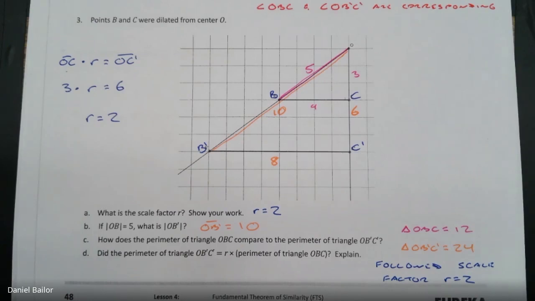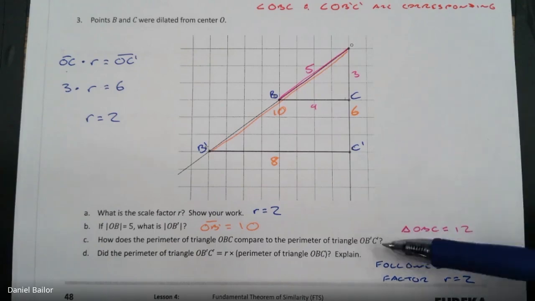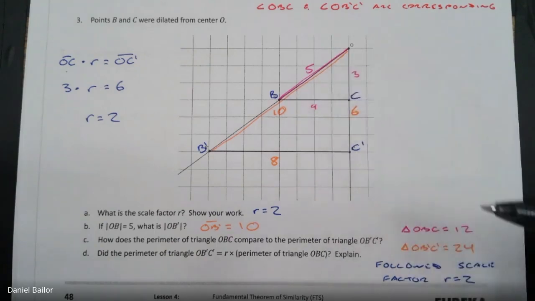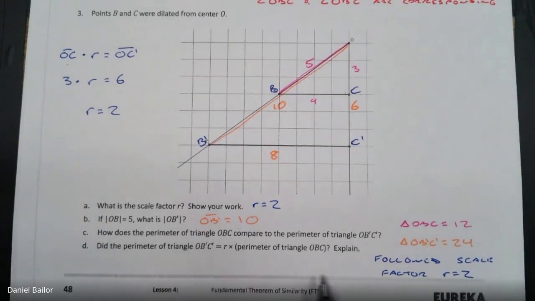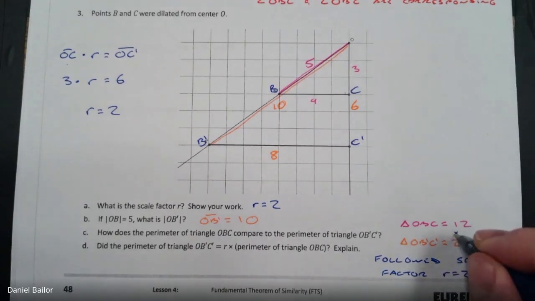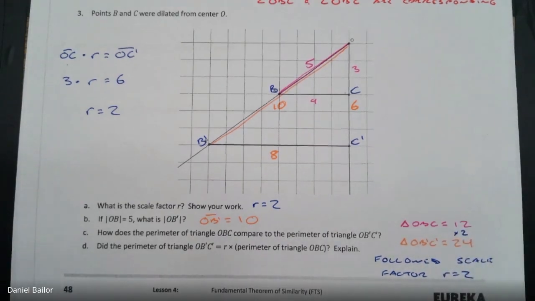So perimeter measures length around an object, so the scale factor still changes it. And that was the answer to part D also. The perimeter also follows the scale factor. We multiply by 2 because the FTS tells us scale factor changes every length.